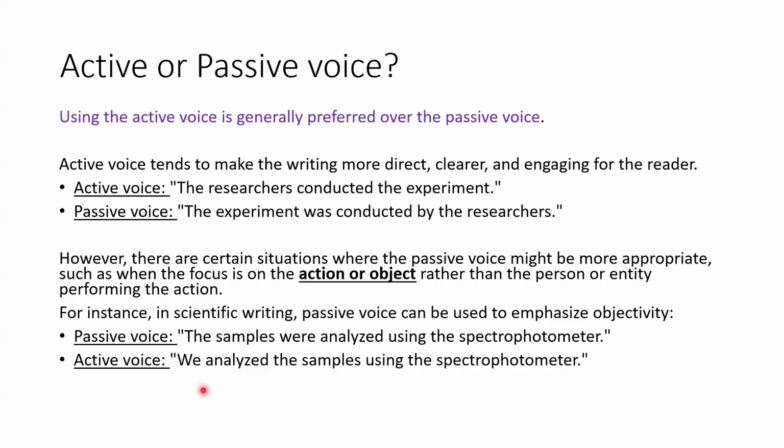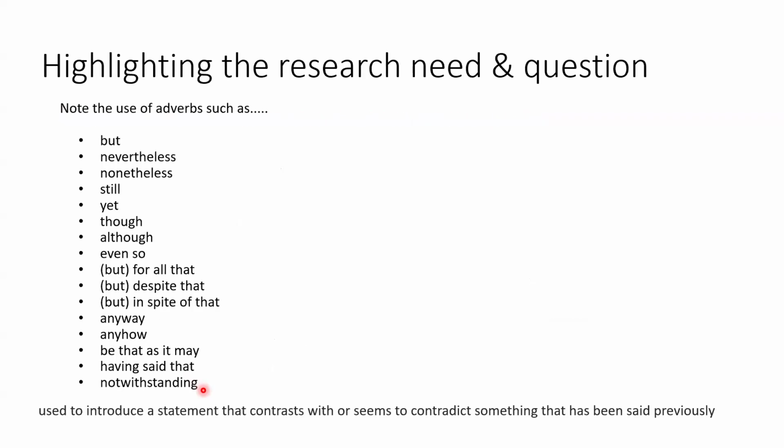So this is very important in abstract writing. Whenever you write the abstracts, these adverbs are very important. We have already discussed this. These are called contrastive adverbs or transition words. These transition words are very easy to use to give the research question, research need, in a nutshell.